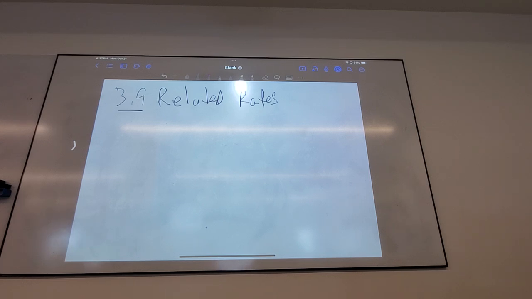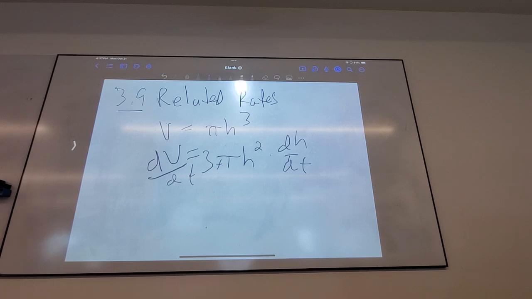So when I take derivatives, everybody is a chain rule. Every variable that changes over time is a chain rule piece to be careful with, yes? That's section 3.9.